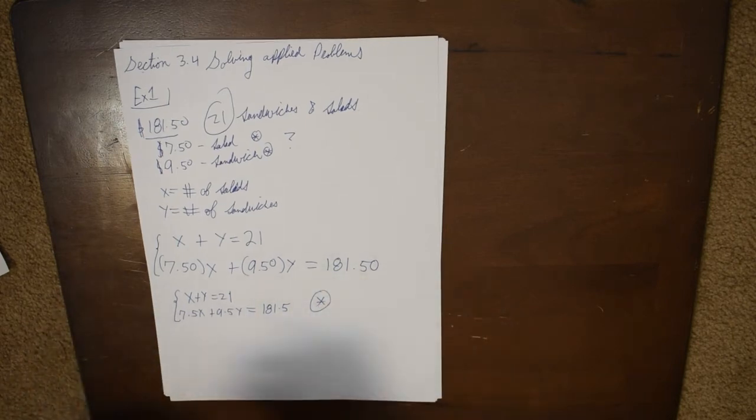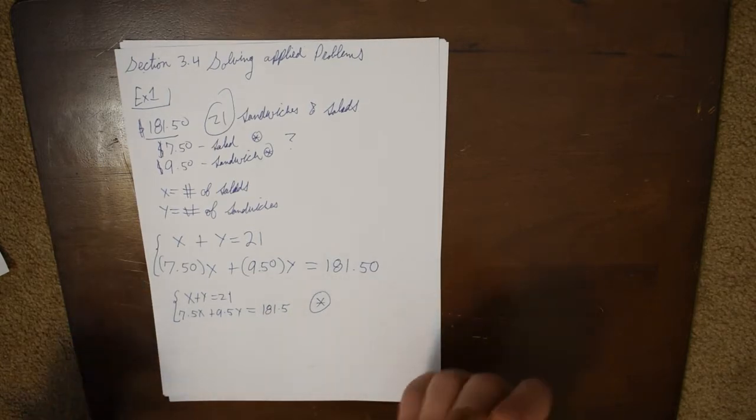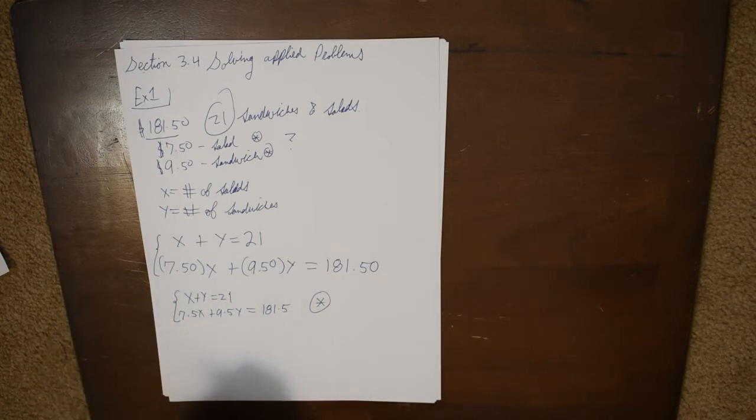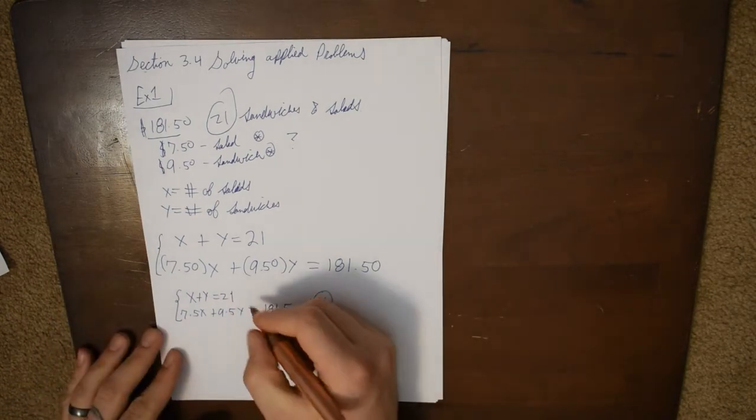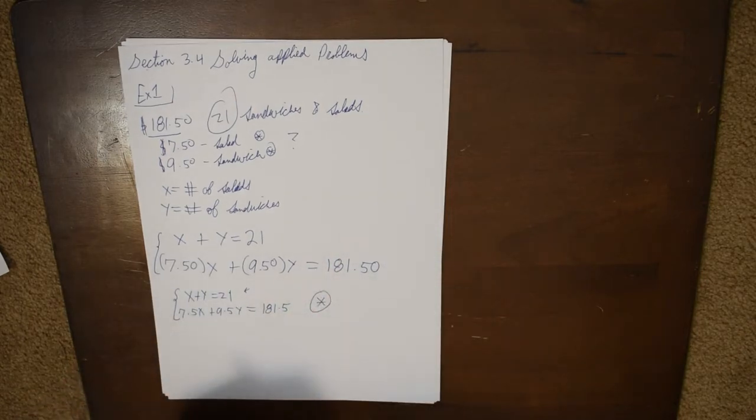You're free to solve these problems with whatever method you want. You could solve them by graphing, by substitution, or by elimination. In my experience, real-world problems are typically easiest when you go by substitution. This top equation would be really easy to solve for one of the variables, and we could plug it into the bottom equation, and that's going to be our approach for this problem.